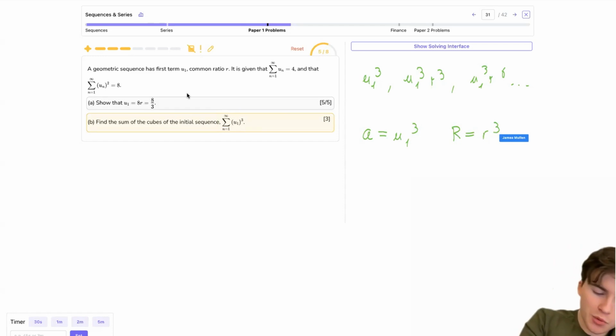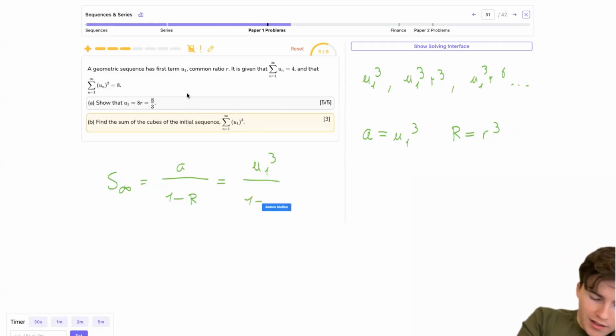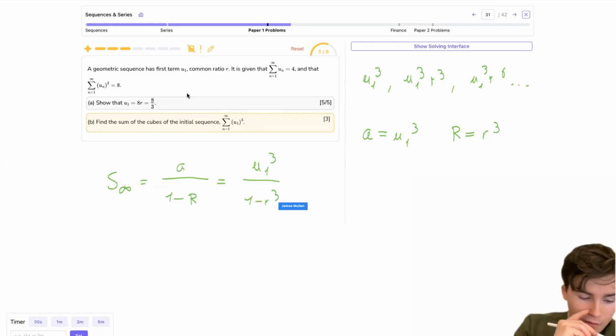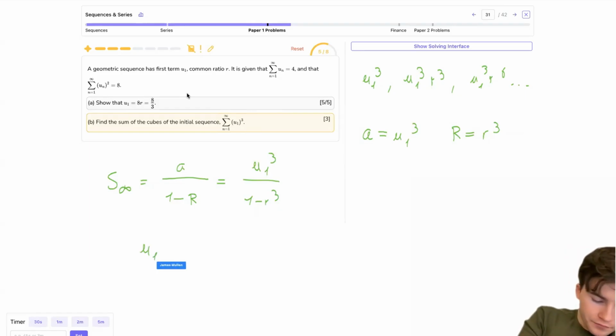All right, and then the sum to infinity is just going to be a over 1 minus R, which is u1 cubed over 1 minus r cubed. But let's remember what we know. I know that u1 is equal to 8 over 3, and r is equal to 1 over 3.